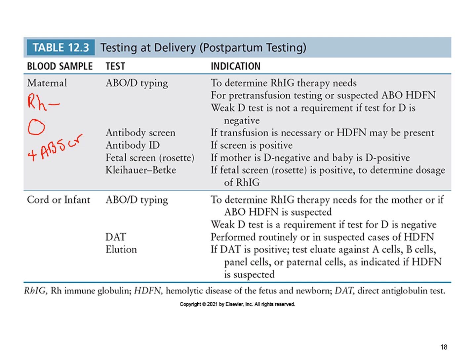So if mom is type O, we're looking for the possibility of ABO incompatibility in an infant that is type A or type B.